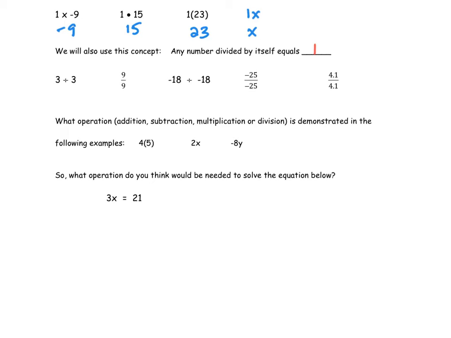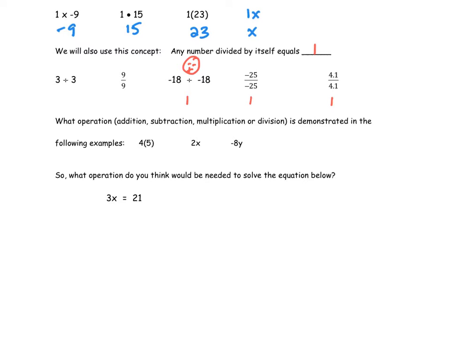Now this might seem like it might be a -1 because I have a negative divided by a negative. But if you recall, the rule for this would be a negative divided by a negative, which is a positive. So this is also 1. -25 divided by -25 is 1. And even if we had decimals, we'd still get 1: 4 1/10 divided by 4 1/10 would be 1.